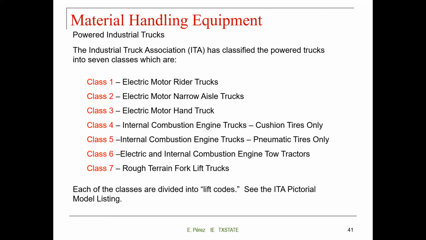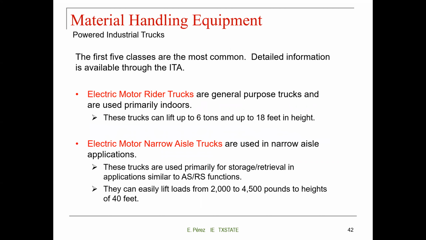Each of the classes is divided into lift codes. So see the ITA pictorial model listing. The first 5 classes are most common. Detailed information is available through the ITA.